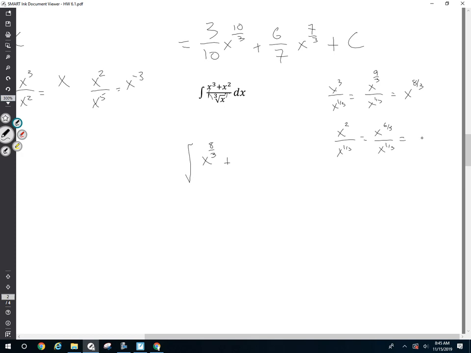Subtract x to the 5/3. Okay, add 1. It's 11/3. Multiply by the reciprocal. Add 1. That's going to be 8/3. Multiply by the reciprocal. Don't forget a plus c.